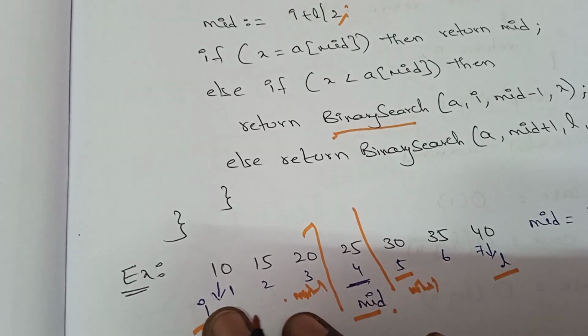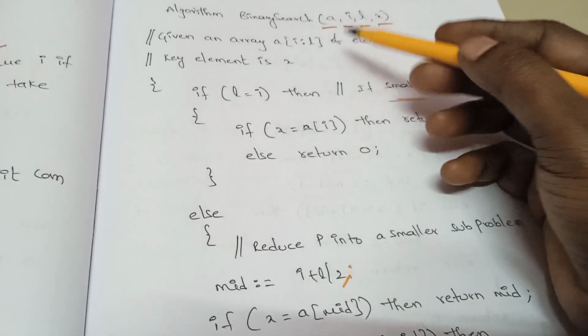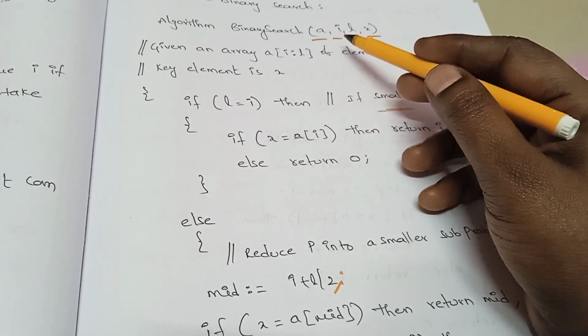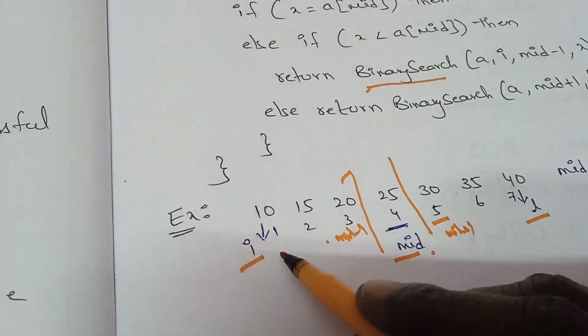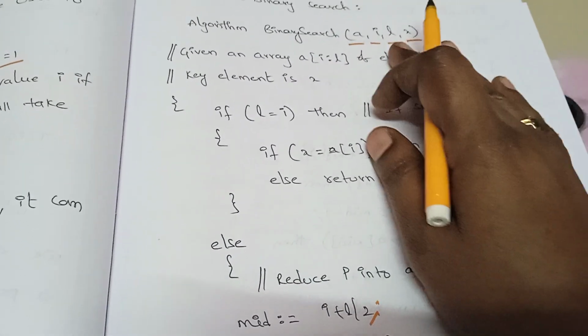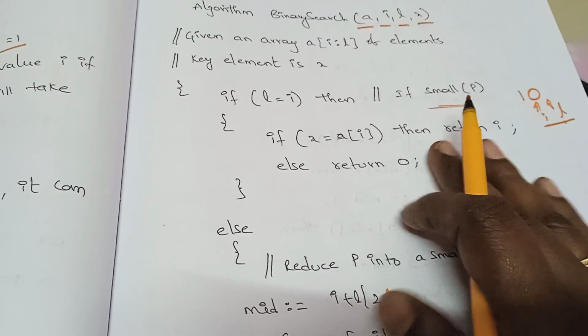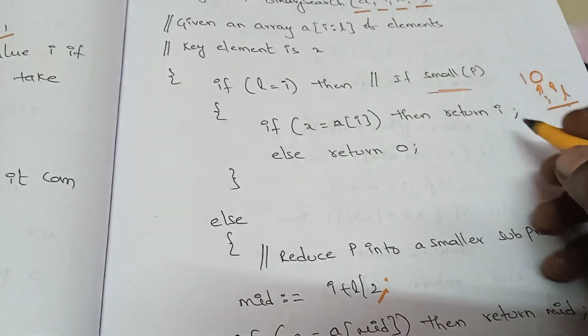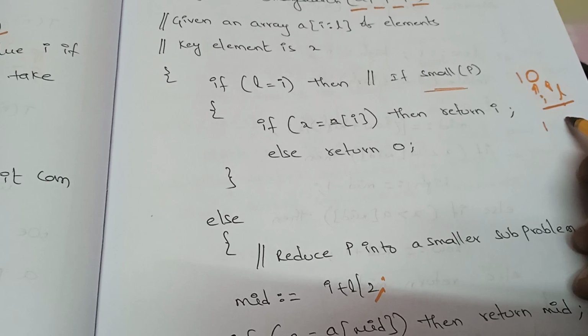Now let's see 1 comma 3. Again this function will get called, so now the I value will change. What is the I value? 1. What is mid minus 1? 3. This time I value is 1, L value is 3. Now we'll get into the program. L is equal to I? No, because I is 1 and L is 3.